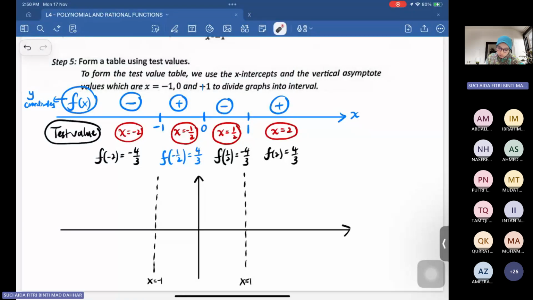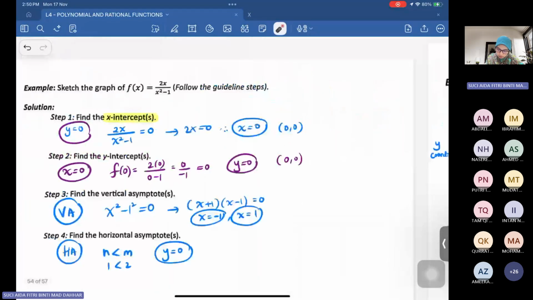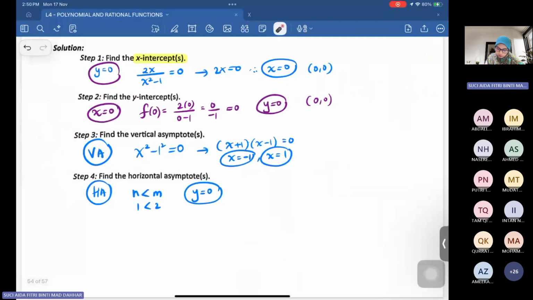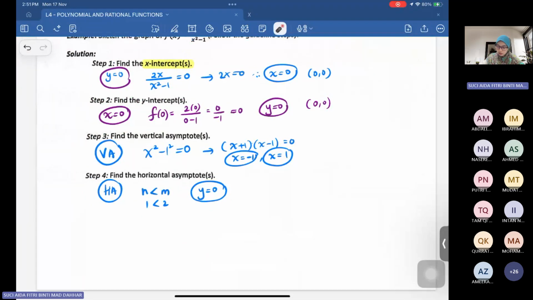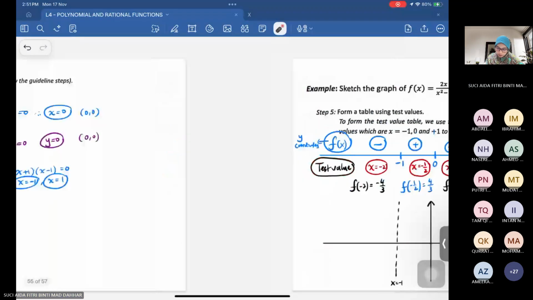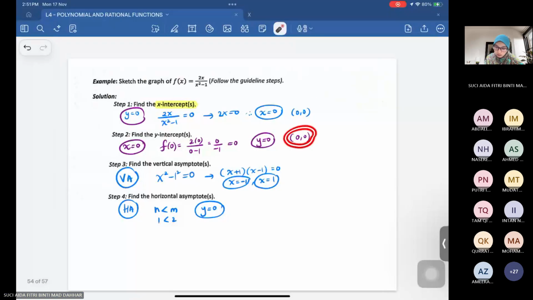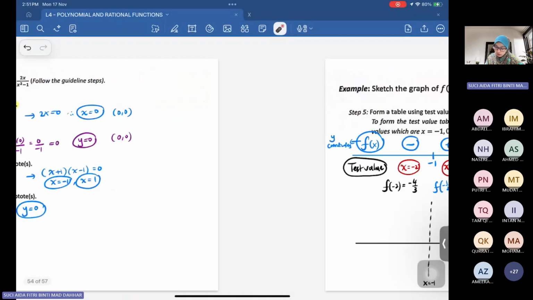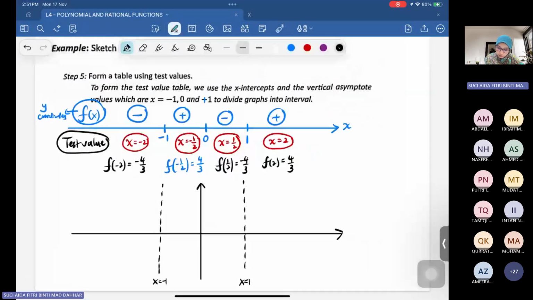And our horizontal asymptote is exactly on the x-axis, so I will have a horizontal asymptote here. And then my intercept is at the origin. So whatever I do, I have to make sure that my graph will cut at the origin.